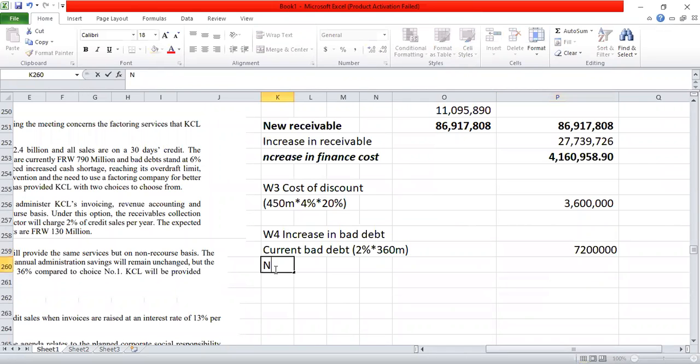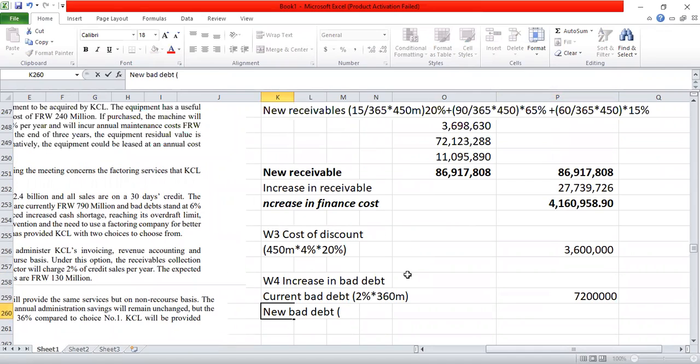Then the new bad debt after the policy is 3% times 450.